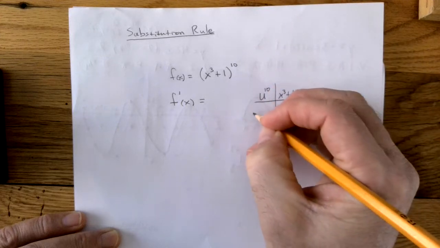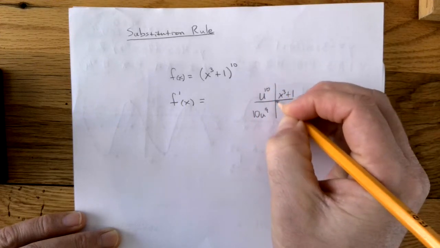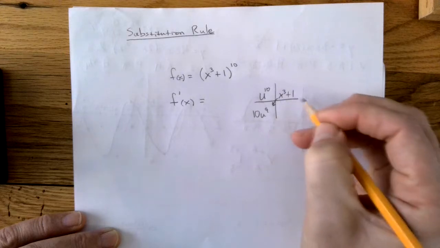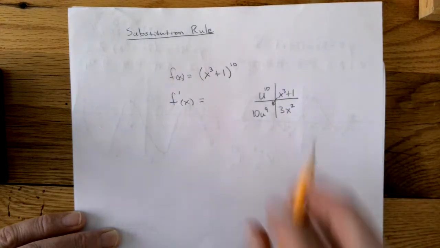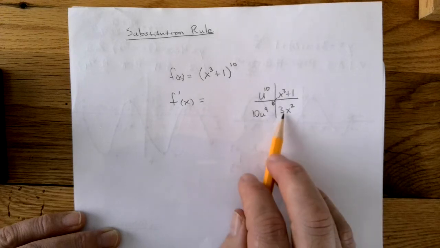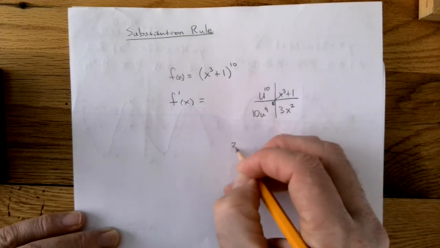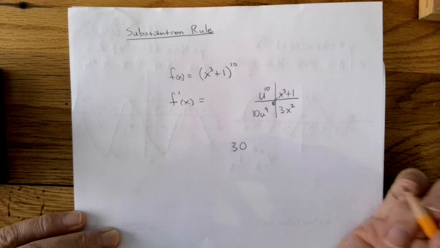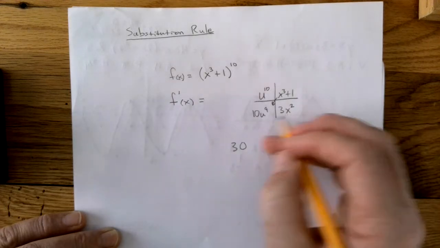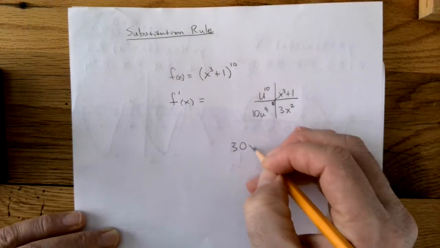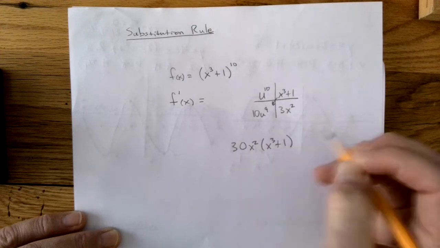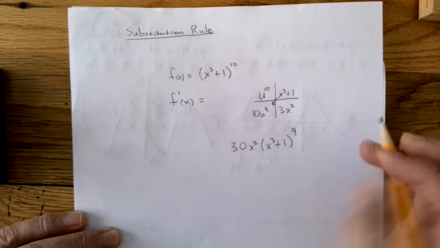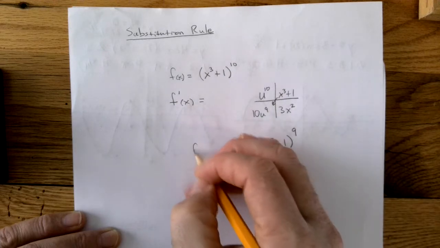The derivative of u to the 10th is 10u to the 9th, and the derivative of x cubed plus 1 is 3x squared. So as you multiply these together, notice that you get 30x squared times x cubed plus 1 raised to the 9th power. That is, in fact, the derivative.